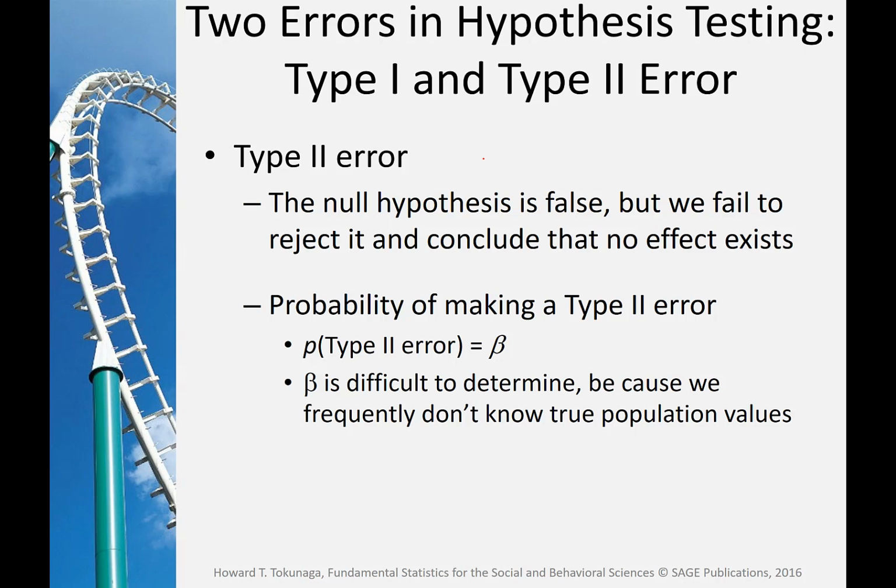You'd think alpha and beta are linked, but not so much. By increasing alpha, we don't have a reciprocal effect on beta. It doesn't quite work that way. But let's just say, because we don't know the true population values, we don't know how wrong we get it.